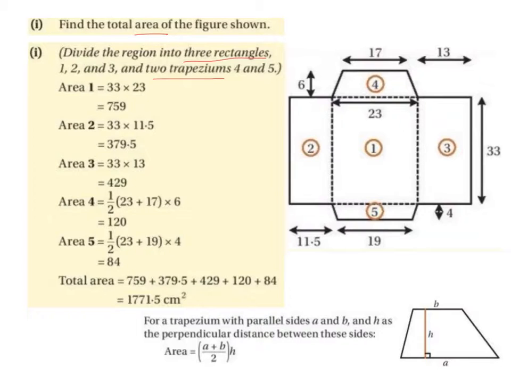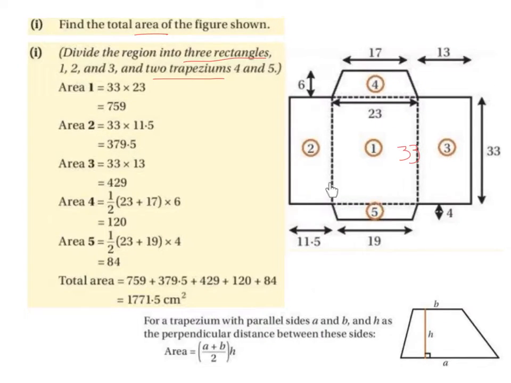So the area of number 1, which is a rectangle, is going to be length multiplied by width. So it's going to be 33 multiplied by 23, and 33 multiplied by 23 is 759. So the area of rectangle 1 is 759 centimetres squared. Next, the area of rectangle 2.